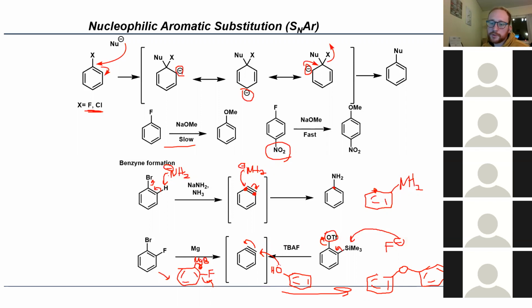Someone else asked why we use phenol instead of sodium phenoxide. You could also use sodium phenoxide. Even under TBAF conditions, it would be phenoxide. But more to the point, you can use a nucleophile like a phenol-derived nucleophile to attack benzyne, or you can use a wide variety of nucleophiles here.